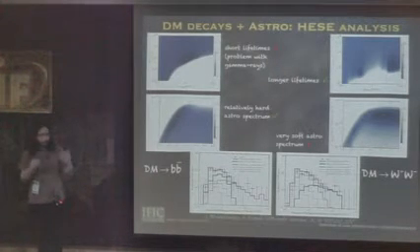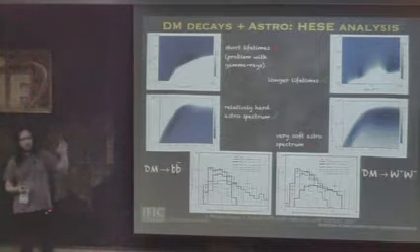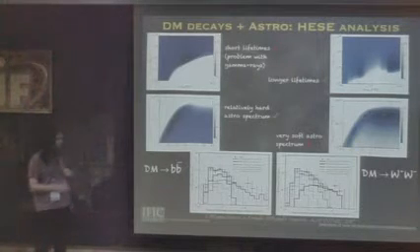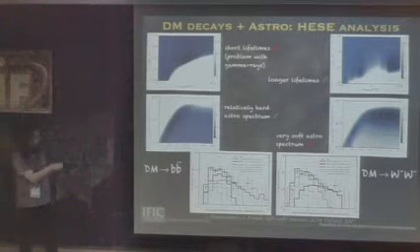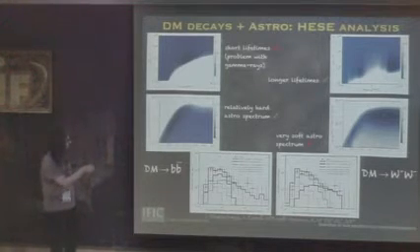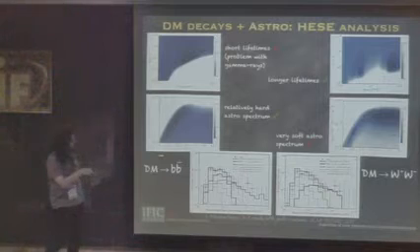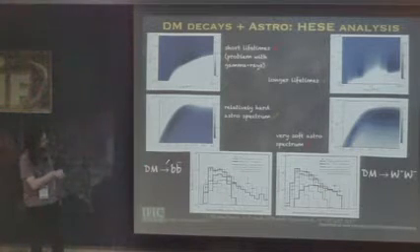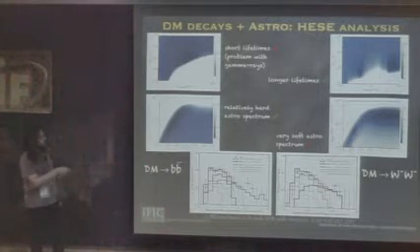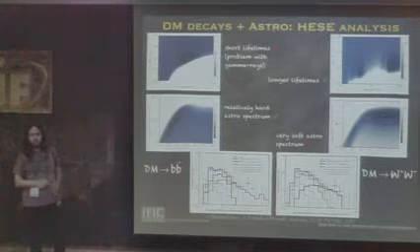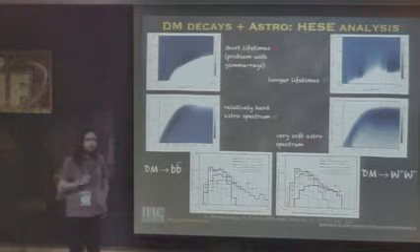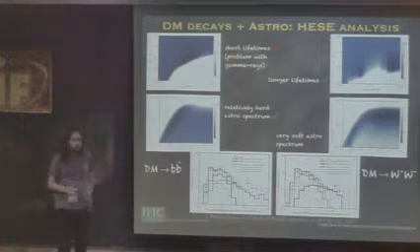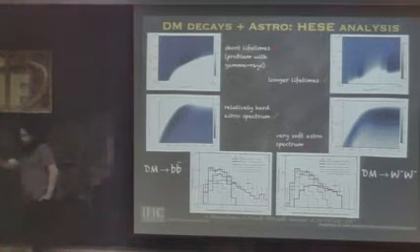We leave free the normalization of the flux and the power law index, and those two parameters are shown here. What we see is that the best fit for this channel has a relatively hard astrophysical spectrum, with an index very close to 2.2, 2.1.